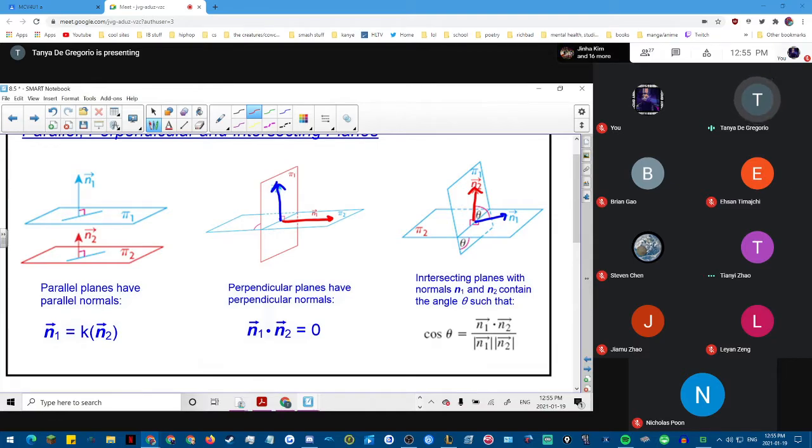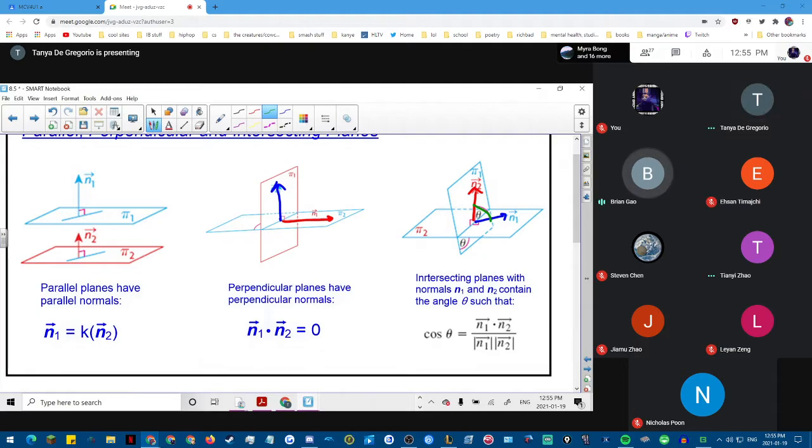Their angle here is such that cos of theta is equal to n1 dotted with n2 divided by the magnitude of n1 times the magnitude of n2. So what does that remind you of? Dot product. Yeah, good. Excellent. Geometric form of the dot product.